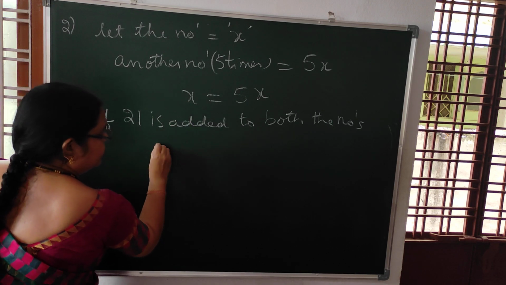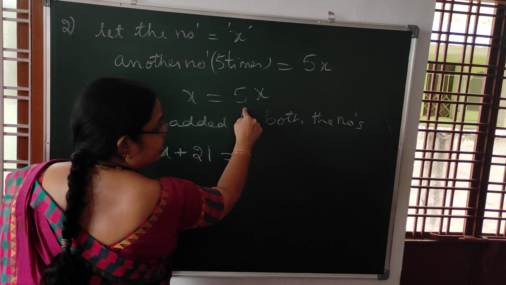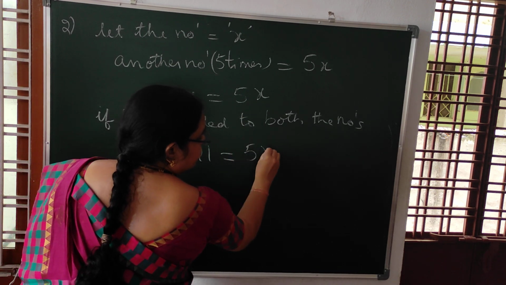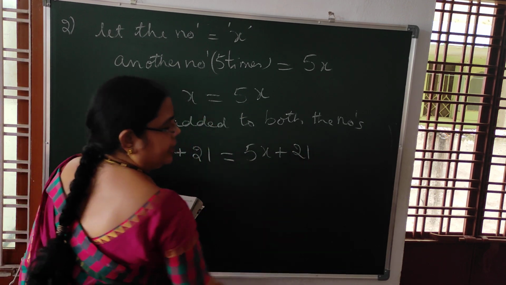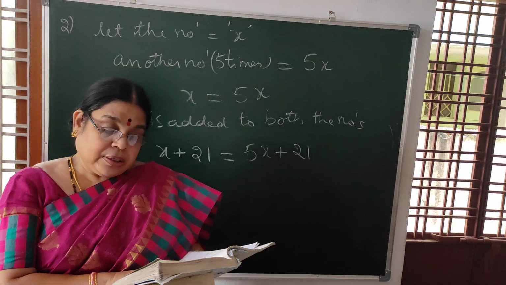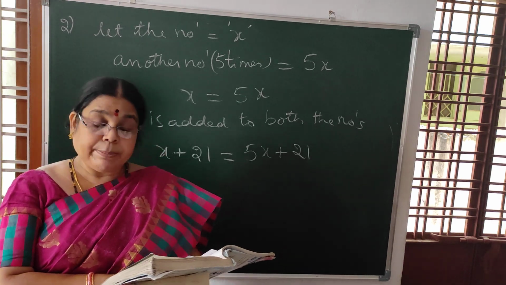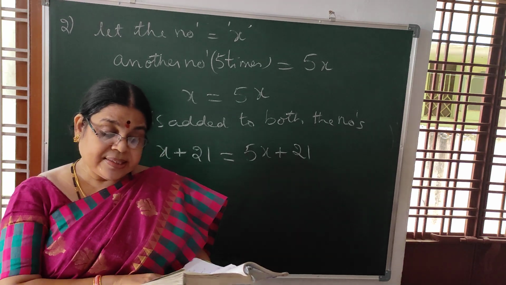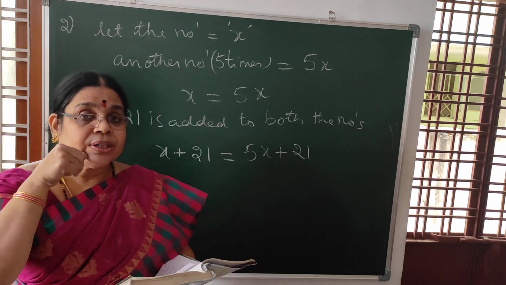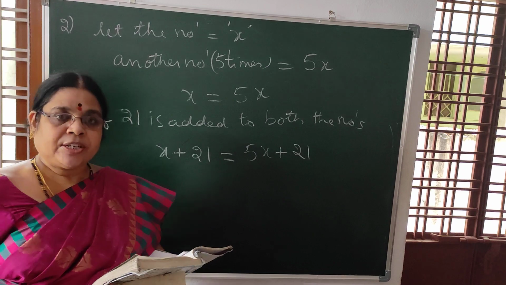When you add 21 to this, you will get x plus 21. When you add 21 to the other number, you will get 5x plus 21. Next, what is he saying in the question? After adding 21 to both the numbers, one of the new numbers becomes twice the other new number. So what are the new numbers you got now? x plus 21 and 5x plus 21.